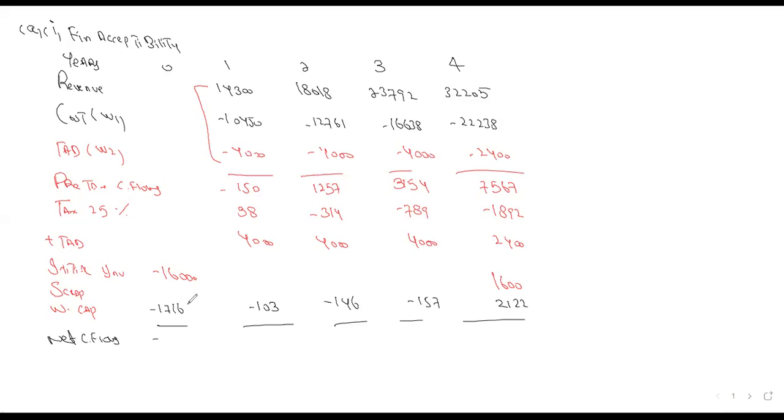The first figure, how much? 17716. Then we have positive 3785. Then 4797. 6208. And this will be 11797.